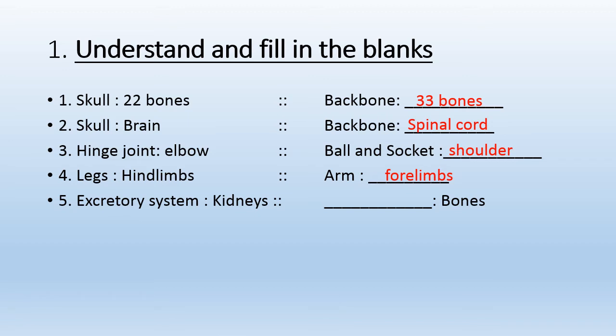So we have to find out which organ system includes bones. We all know that bones give shape to the body and help in movement. So bones come under the skeletal system. So skeletal system is to bones. Bones are the main organs of the skeletal system.